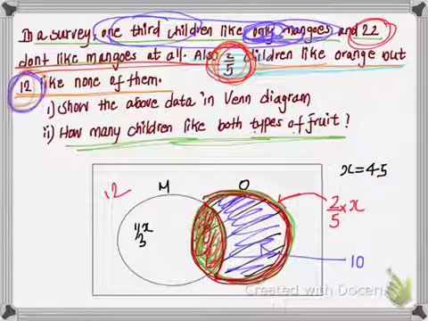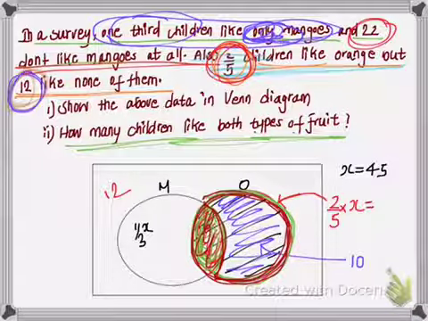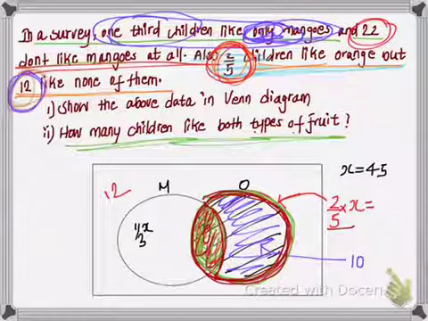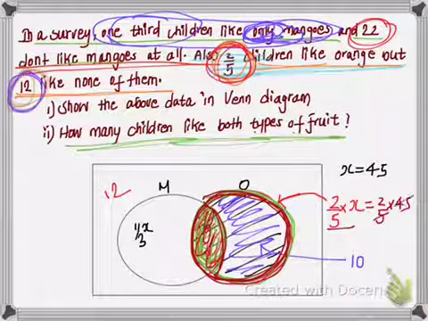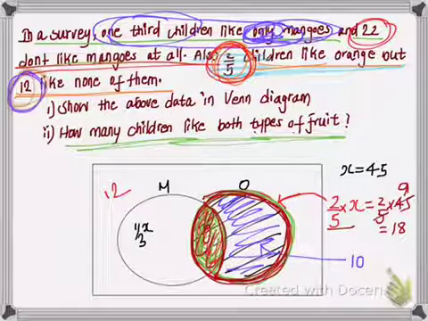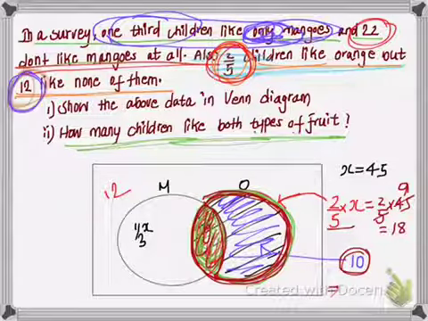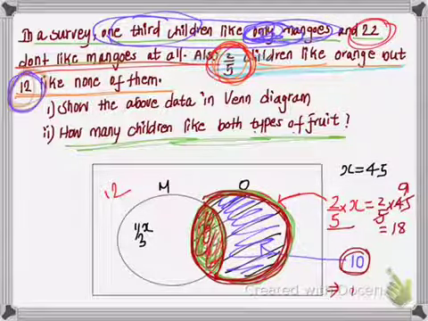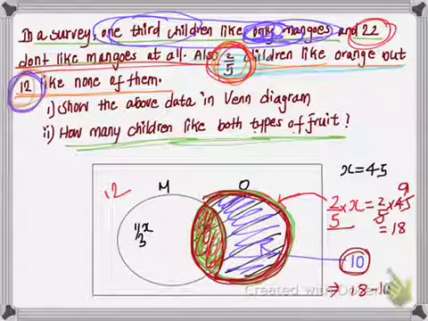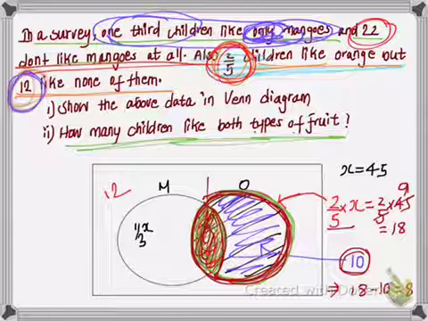We have the number of students who like oranges equal to 2/5 of x, so 2/5 of 45. On solving, we get 18, and the number of students who like only oranges is 10. So when you subtract 10 from 18, we get 8, and 8 is the number of students who like both mangoes and oranges.